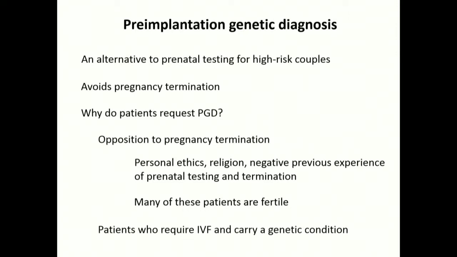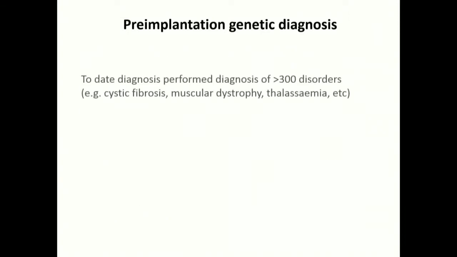They're unlucky enough to be infertile and need IVF to conceive, and they're unlucky enough to have a single gene disorder being segregated through their family. Obviously, for a family like that, it doesn't make sense to struggle with IVF sometimes for years, finally achieve a pregnancy, and then find it's affected and maybe need to consider termination. For them, of course, PGD makes a lot of sense.